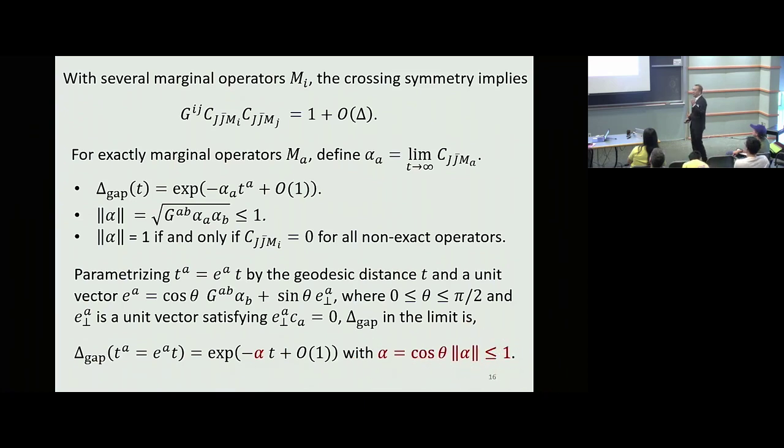Alpha hits 1, the upper bound, under two conditions. The first condition is that the 3-point function to the marginal but not exactly marginal operator vanishes. And the second is that you choose the direction of steepest descent. If you choose these two conditions, then you can have alpha hitting the upper bound. Okay? Otherwise it's less than 1. So that's the result of theorem 2. So this is a proof of theorems 1 and 2.